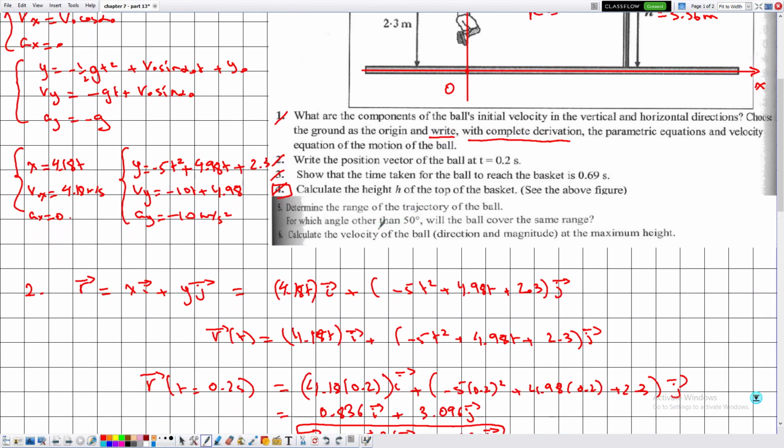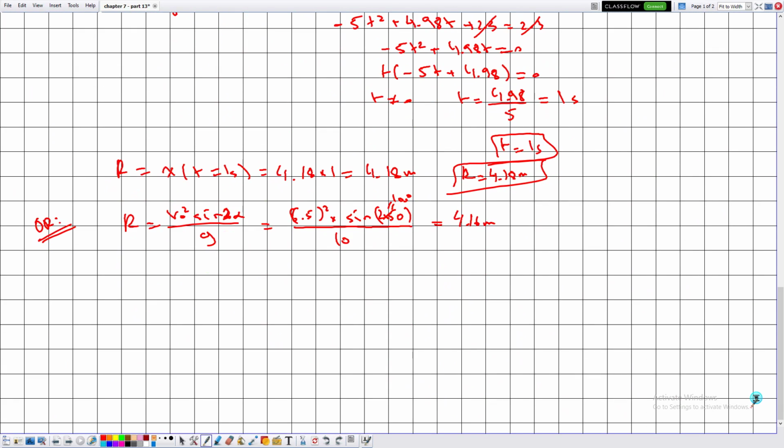Indeed, they are asking for which angle other than 50 degrees will the ball cover the same range, and notice that it will cover the same range and not reach the basket. So let me say the other angle is given by 90 degrees minus 50 degrees, which is equal to 40 degrees.